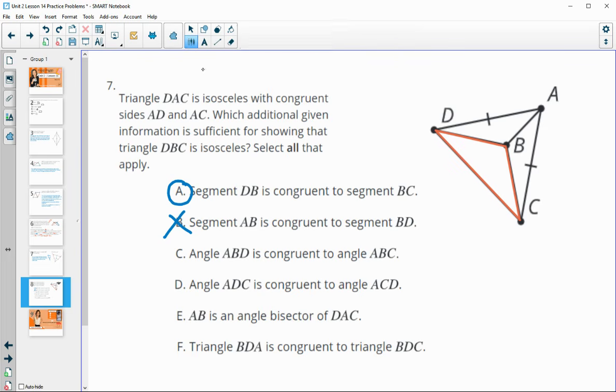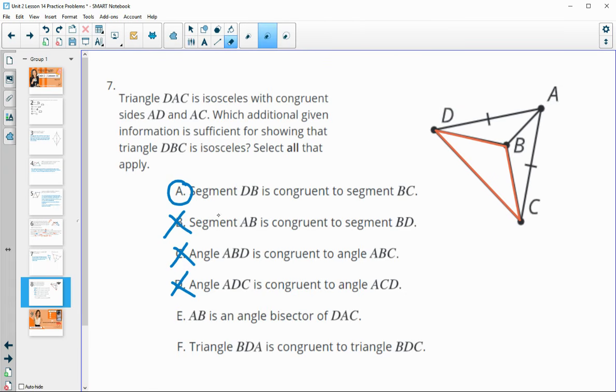So that's not helpful. Angle ADC, so this angle here, is congruent to ACD. That helps us with this larger triangle. It gives us that the opposite sides are congruent, which they already did. So that tells us that that bigger triangle is isosceles, not this smaller one. If they had told us this angle was congruent to this angle, then we would know it's isosceles. But since they did these ones, not helpful.